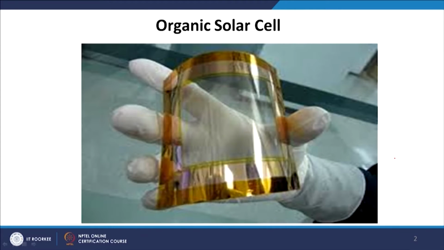Imagine we decorate our building in such a way that every wall is transparent, but we can still do our indoor lighting using those transparent windows, which now behave as solar cells. So organic solar cells provide some advantages over the conventional solar cell in terms of flexibility, light weight, compactness as well as transparency.